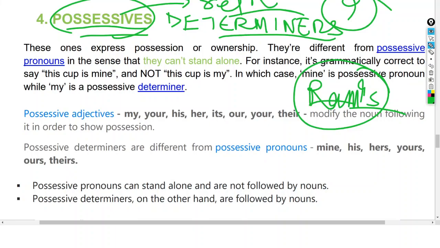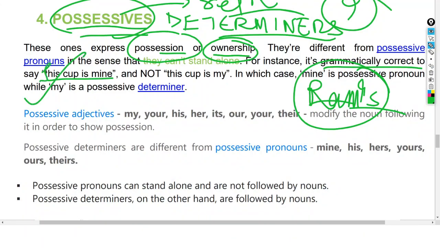These express a position or ownership. They are different from possessive pronouns in the sense that they cannot stand alone. When we are talking about possessive determiners, they are a little different from possessive pronouns. For instance, it is grammatically correct to say, this cup is mine.